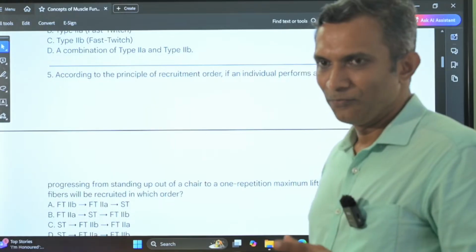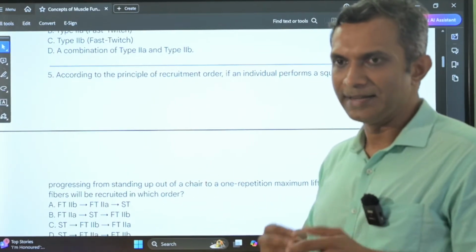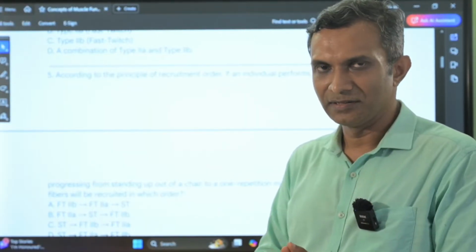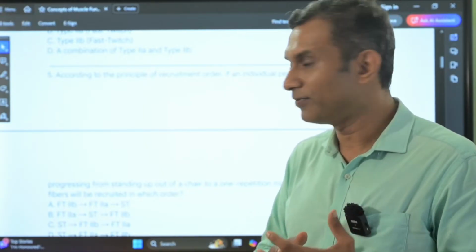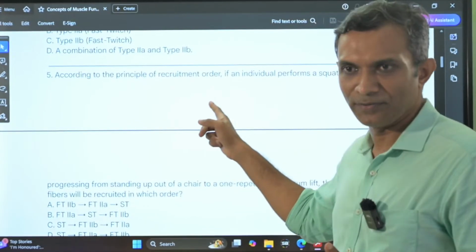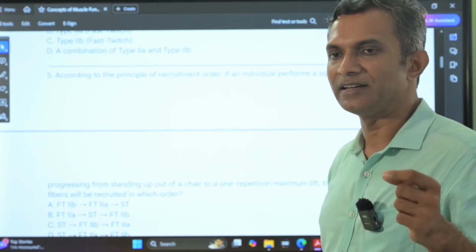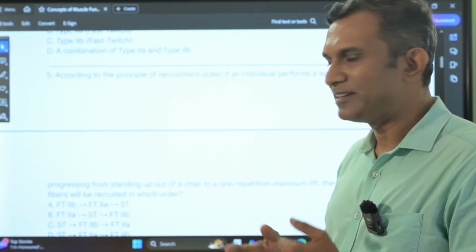See, whenever we have created this model for you, it has been prompted in such a way that there's a mixture of questions. Some of them are very easy, some are application type, some are tough. And this sort of question is exactly what you can expect in your real clinical scenario examination pattern.